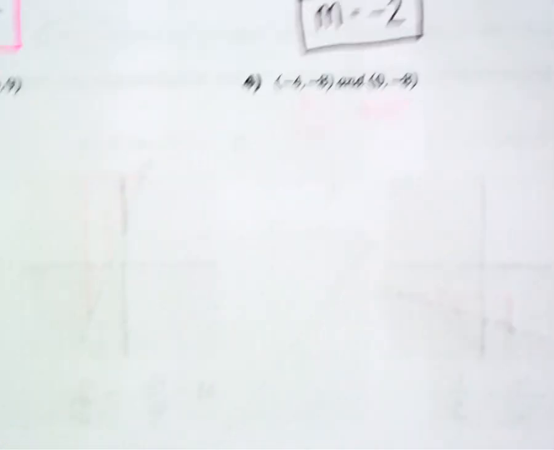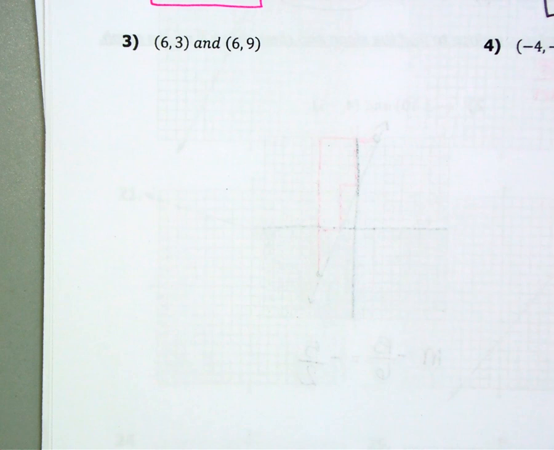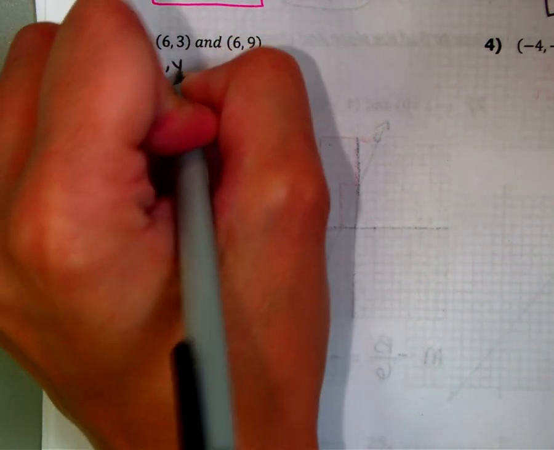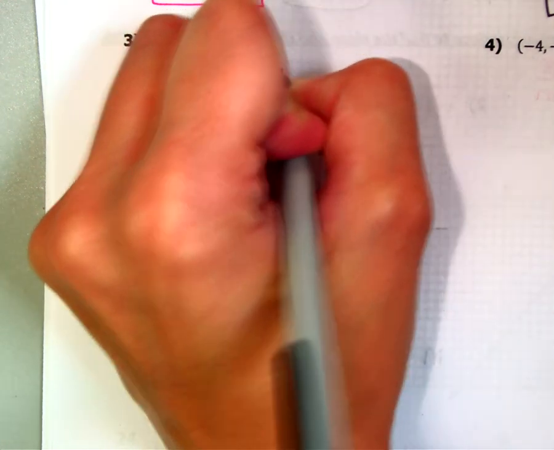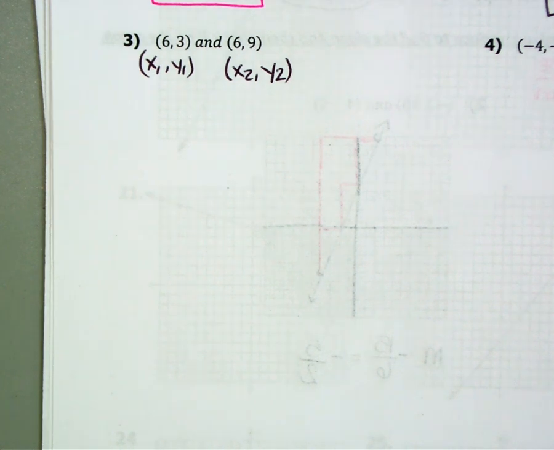All right, number 3. 6, 3, and 6, 9. What do you notice? Anything? They both have a 6. Good. That's what I was really looking for. So let's say the first set of points are x1, y1, and the second set are x2, y2. But does it really matter? Nope.